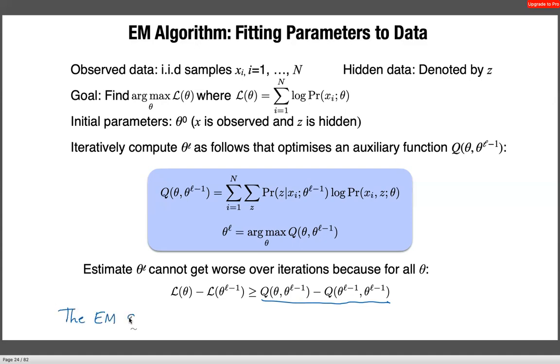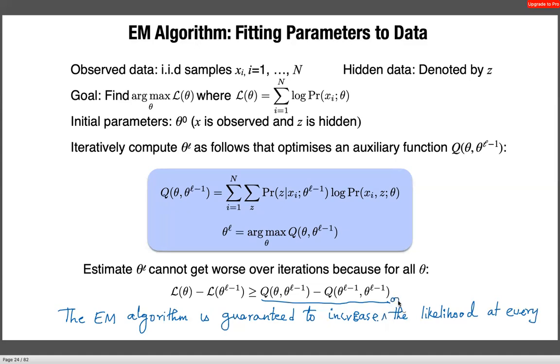so the main takeaway is that the EM algorithm is guaranteed to increase the likelihood, so increase or stay the same, at every iteration, and hence guaranteed to converge.